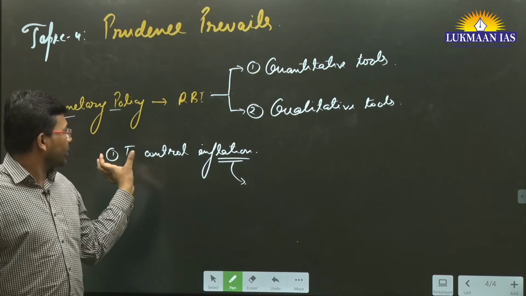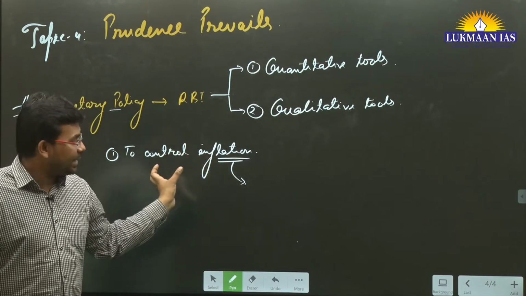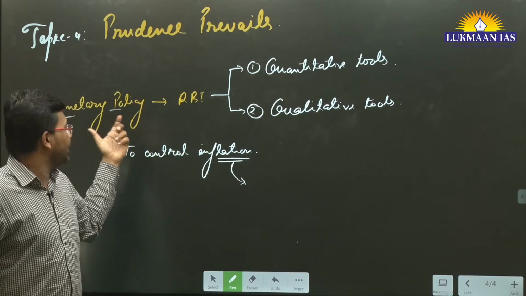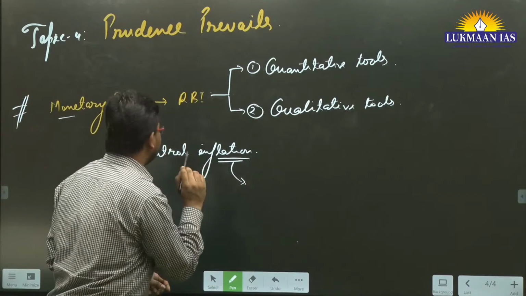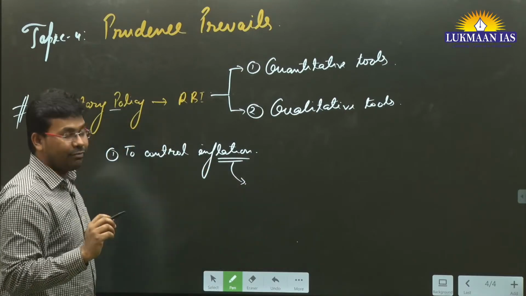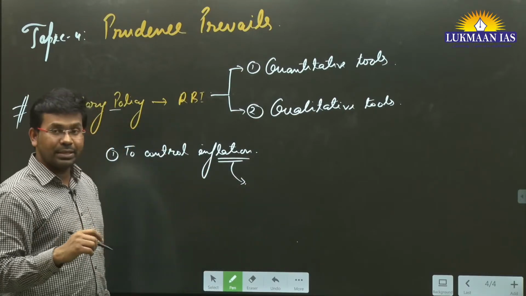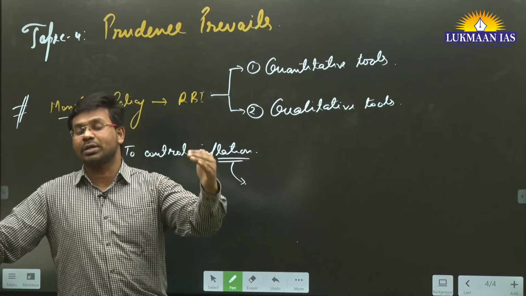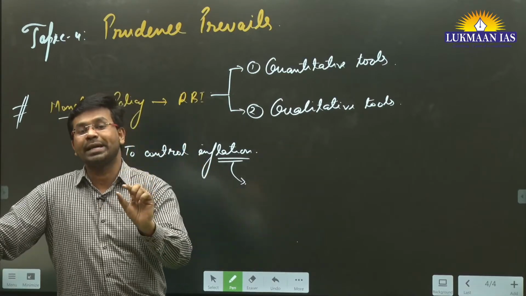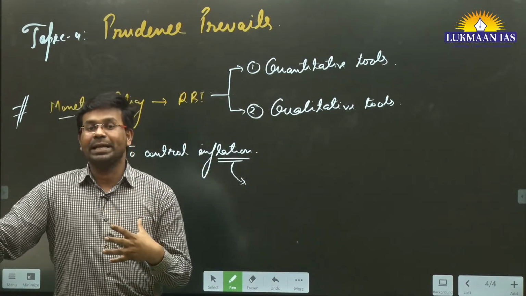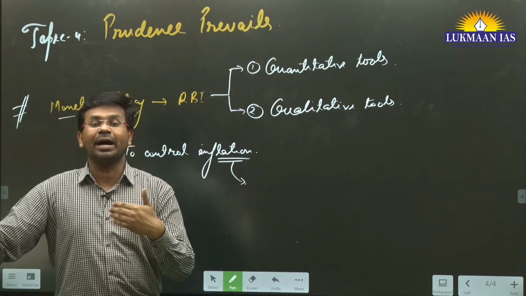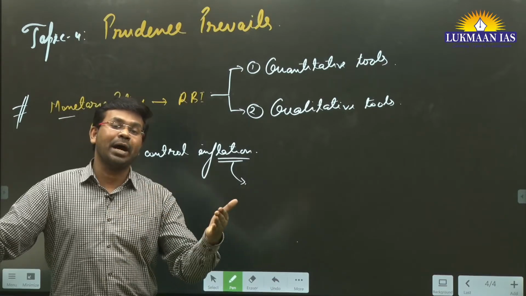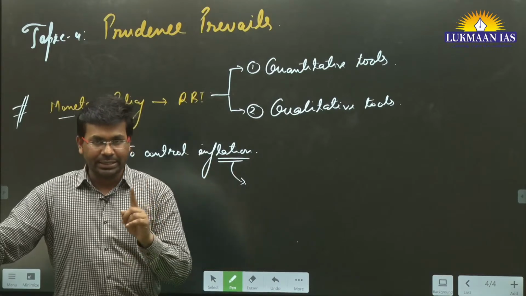One of the things that we need to understand is that the recent RBI Monetary Policy Committee decision has focused on controlling inflation in the economy. Why is inflation control important? Because when the price of things goes up, the purchasing power of the currency goes down, and people find it difficult to purchase goods and services if their wages, their earnings, are not rising at par with the rising inflation rate.